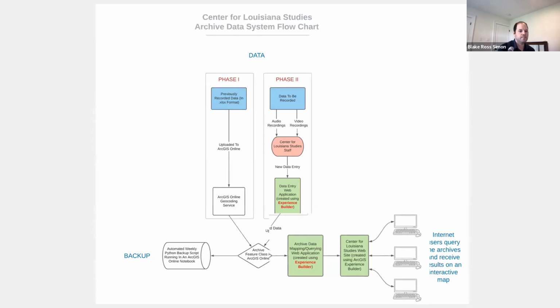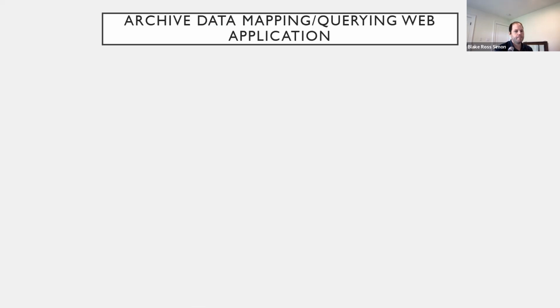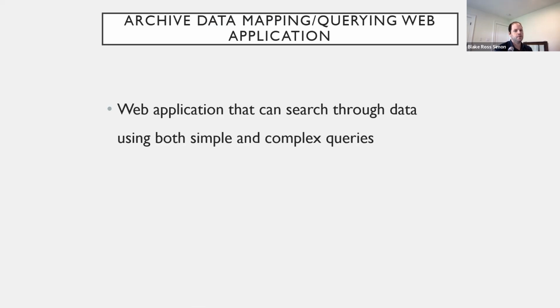Finally, we are going to review the two public-facing applications that were created. One of the center's primary goals is to have a web application that can search through their archive data using both simple and complex queries.